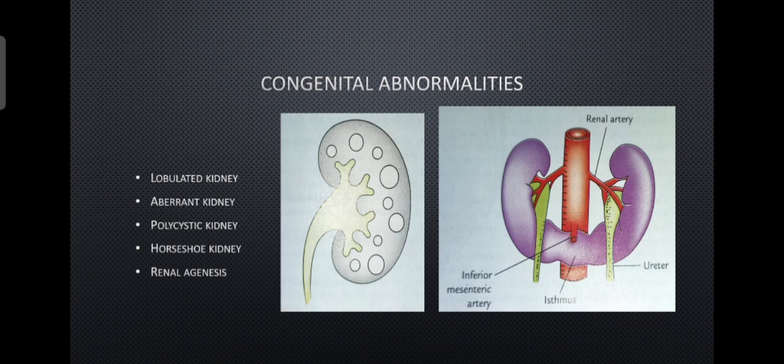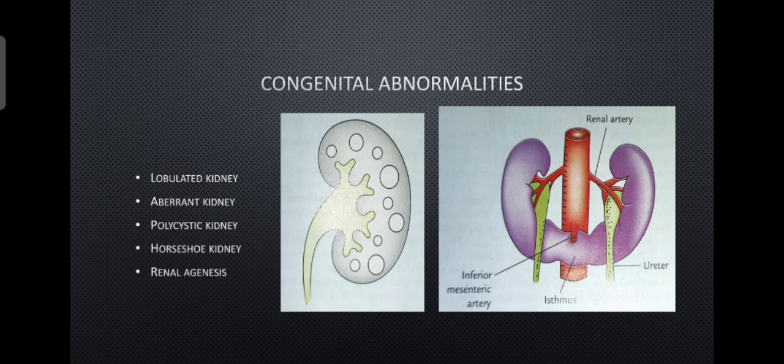Many of the nephrons form cysts, and since there are many cysts, it is called polycystic kidney. If not treated, it will go into renal failure, because the nephrons, once damaged, cannot be revived.